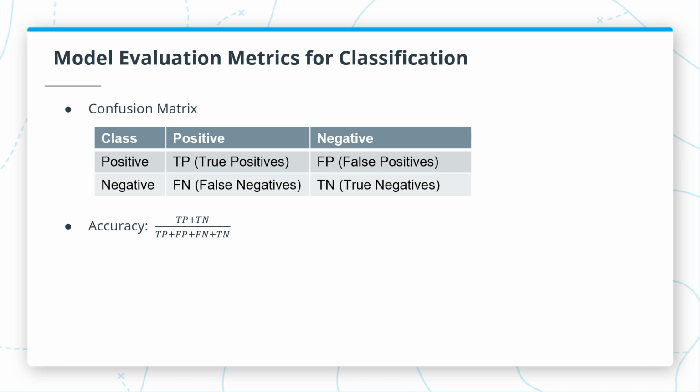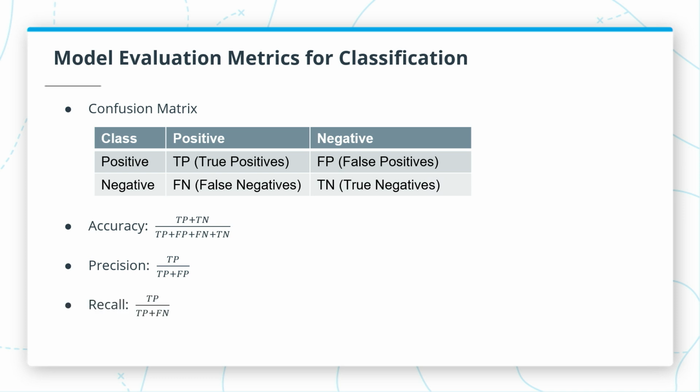The next one is precision. Precision is the division between the true positives and the sum of true positives and false positives, which, if you think about it, is the proportion of positive predictions that were correct.